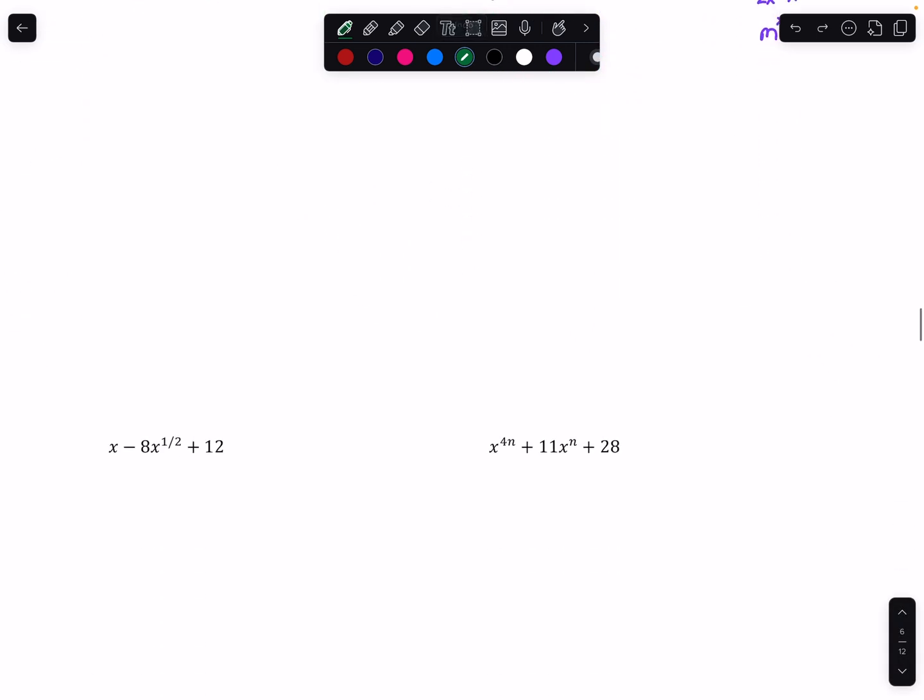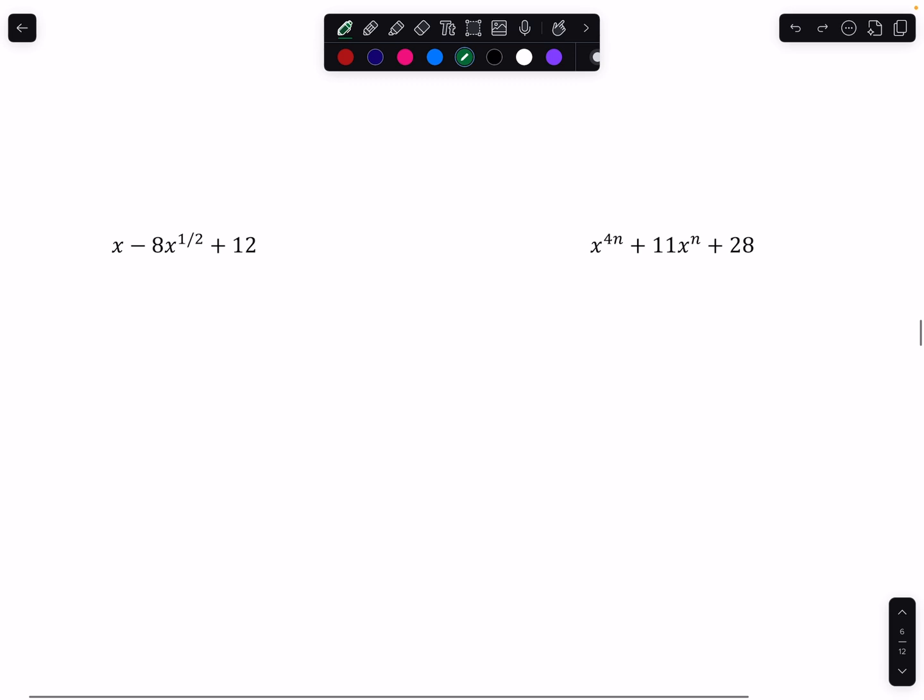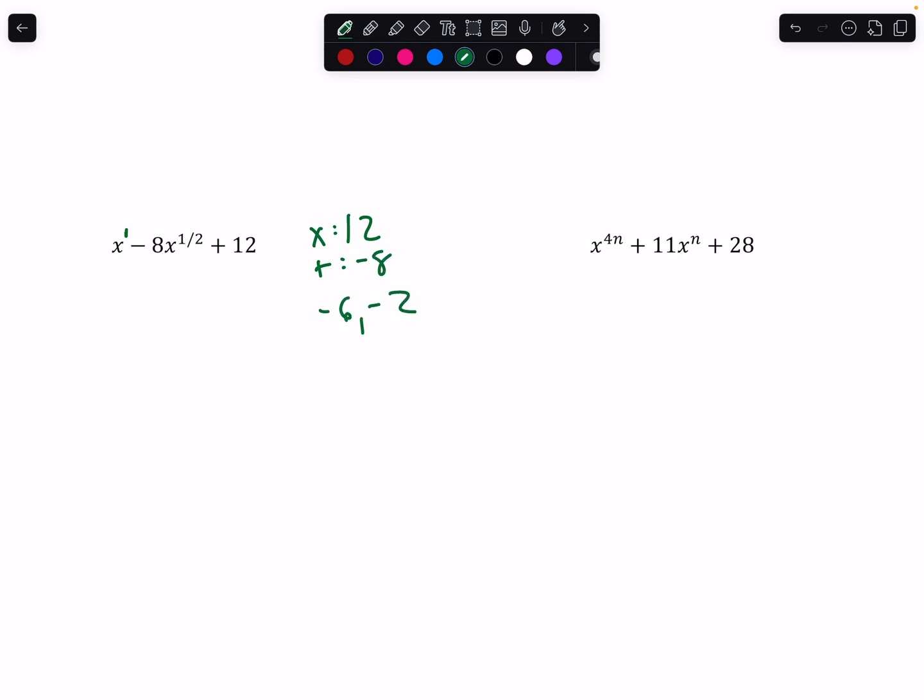And for the last two, look at that. First term, remember that degree, if it's just an x it's a 1, the first degree is double the second degree. And we're adding a constant after that. So we could do our way of factoring. The leading coefficient is 1, so we just need two numbers that multiply to 12 and add to negative 8. That would be negative 6 and negative 2.